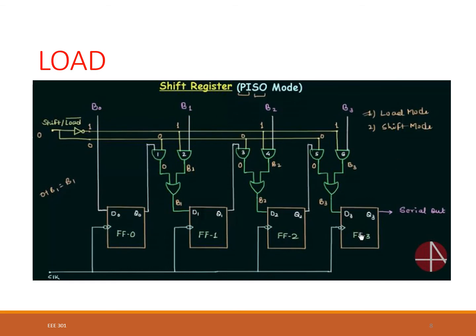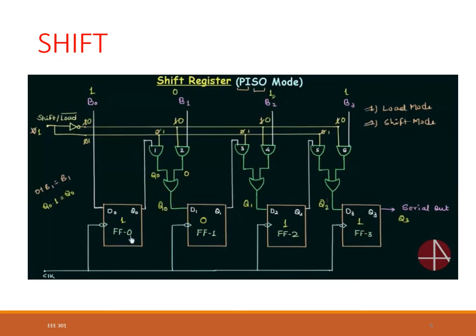Okay, so this circuit works in load mode. What about shift mode? Instead of 0 we have given 1. So if 1 here, it becomes 0 here, it becomes 0 here, it becomes 0 here, it becomes 0 here. And this is our V3, V2, V1, V0. So obviously V0 is coming in, but what is coming here?